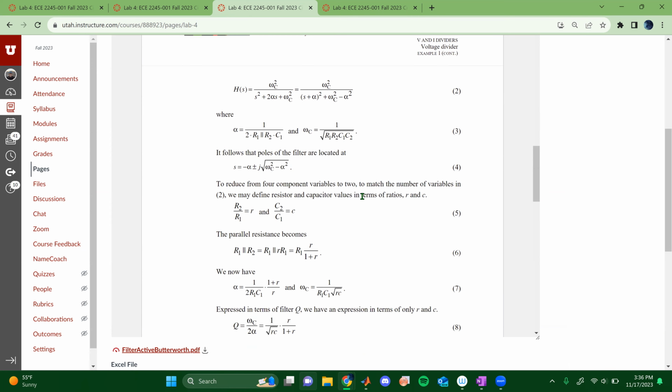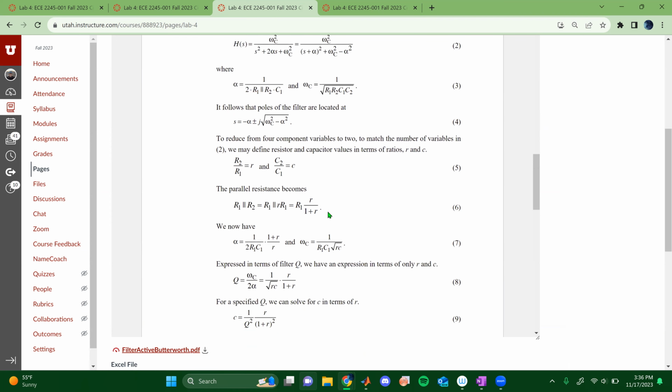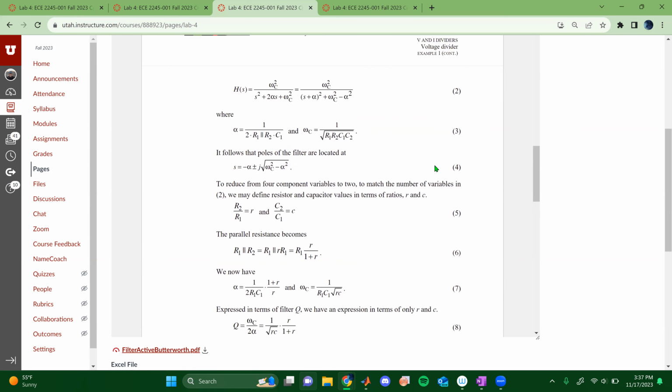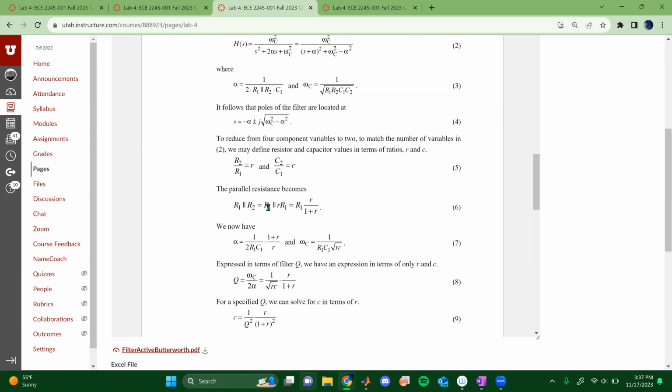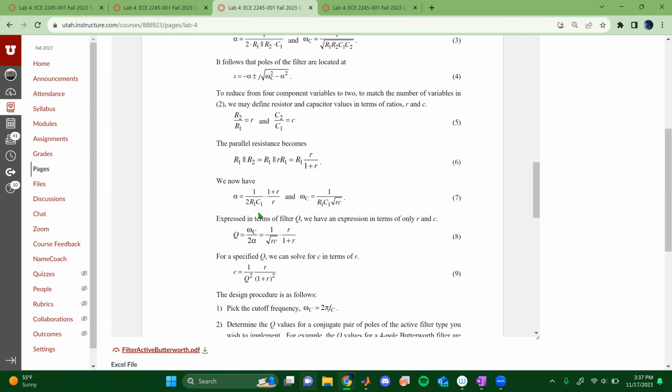Okay, so from here, we are actually finished. The document says that there's this neat simplification method you can go through. It doesn't really simplify it, but we'll discuss on screen what they did here. They say if we use the function R2 over R1 equals little r, and the ratio of the capacitors equals little c, then we can plug that into our parallel resistance and get new equations for alpha and omega c.